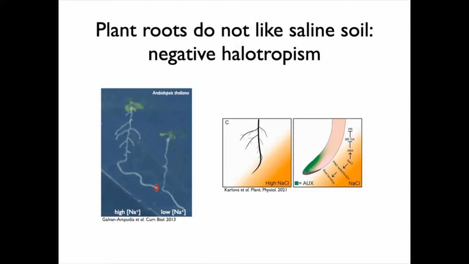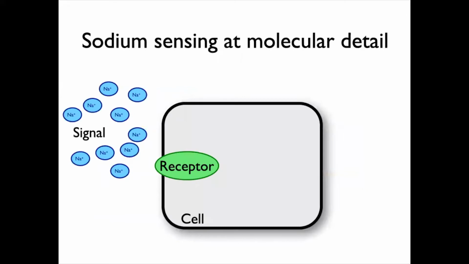Lots has also been found out about how this halotropism works and what kind of proteins are involved. The problem, however, is that it is not known how sodium actually initiates all these processes. We can do a very simple model of what this would look like. Here again, I have my simple cell with a receptor protein and some sodium ions.